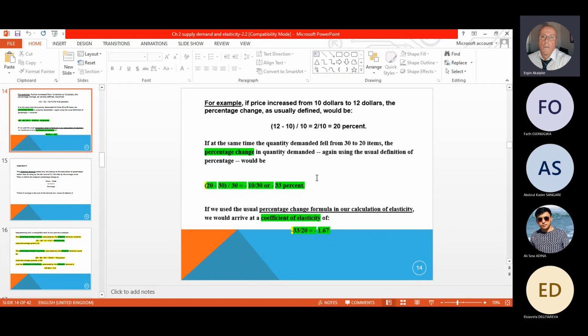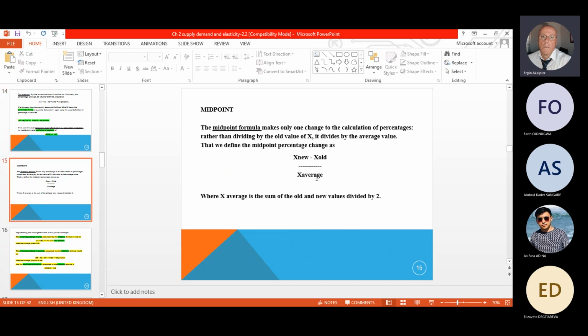And then when we put these two together, we get the coefficient elasticity, which is minus 33 divided by 20, which gives you minus 1.67, which is elastic demand, as you see, isn't it? Because above 1 is elastic, below 1 to 0 is inelastic.